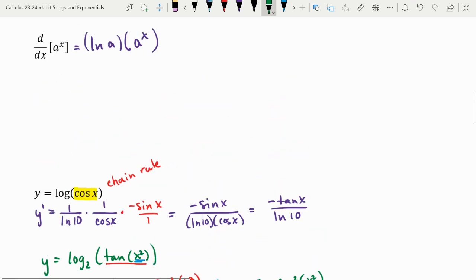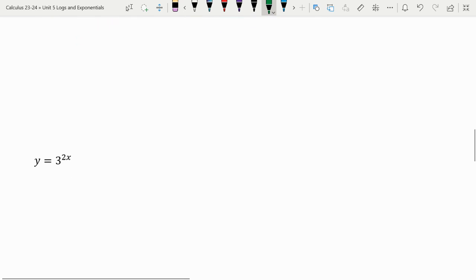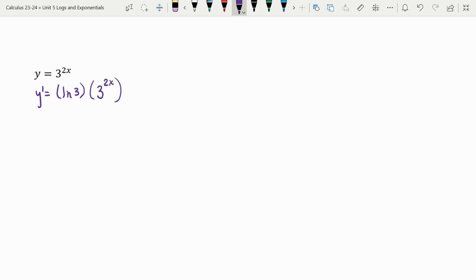And now, those were log base something other than e. So now let's look at an exponential with a base other than e. So here, y prime is going to be the natural log of the base. And this is base 3. And then the derivative of an exponential is just the exponential. And then because I have a chain rule, a function inside a function, I need to multiply by the derivative of that inner function.